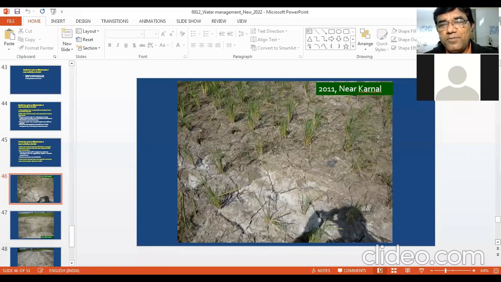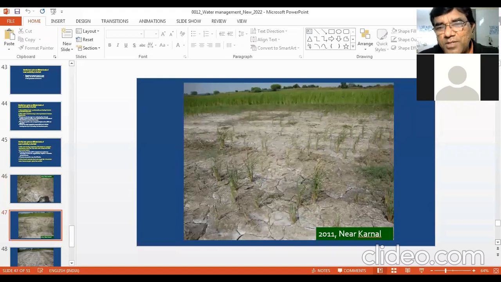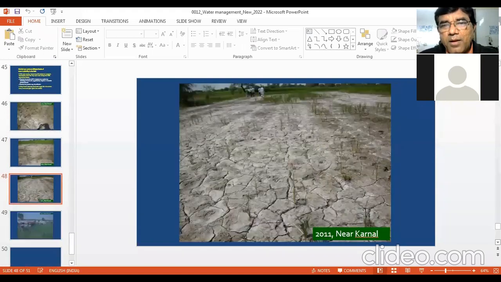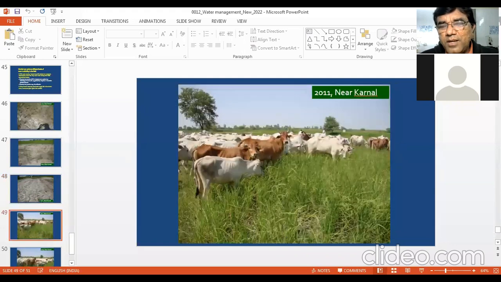So there are areas where rice is transplanted and there may be scarcity of water because of scarcity of rainfall. Many times farmers are bound to kill their rice crop. You can see this situation due to scarcity of water in Karnal in one year, and they have allowed animals to graze their rice land.